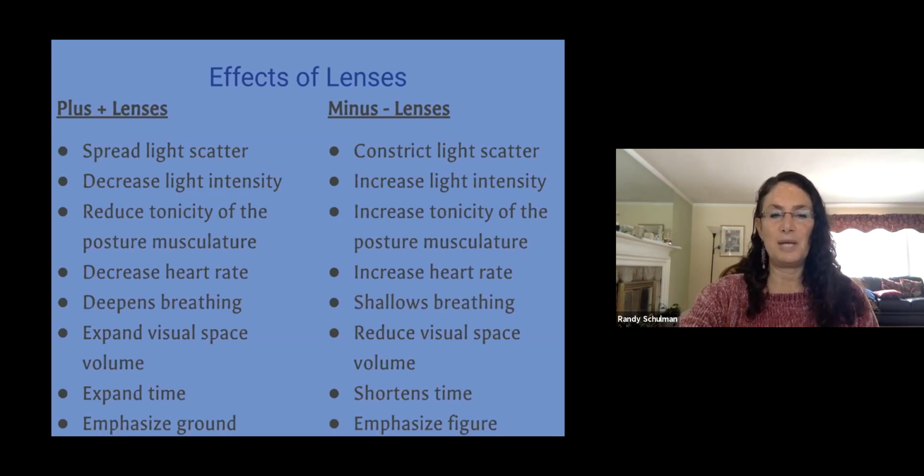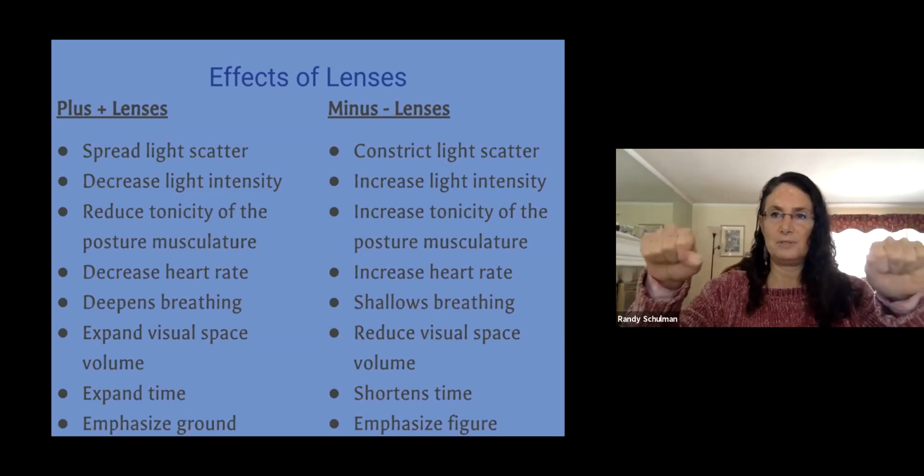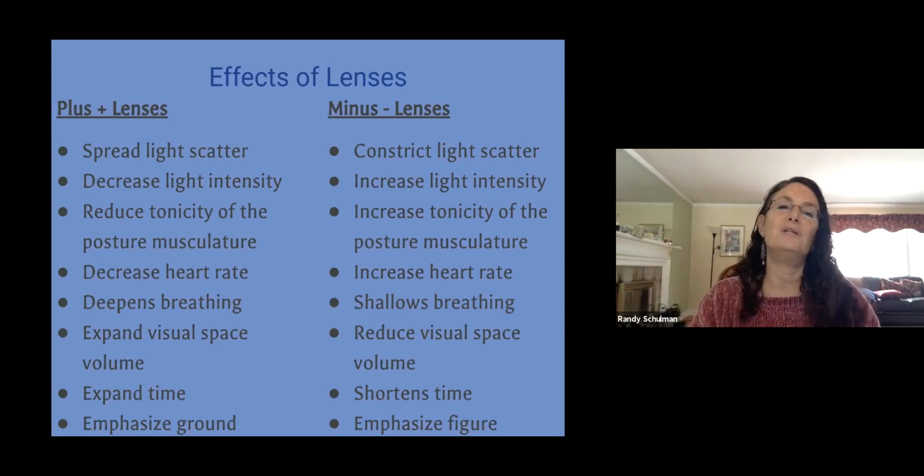It will also expand time and emphasize ground. I actually wish I could convert it. I haven't gotten around to it, but I had a little girl who I had just try to bunt the ball. Every single time she missed. Put just plus 50s on her, and she hit it every time. She said, "Did I slow the ball down?"